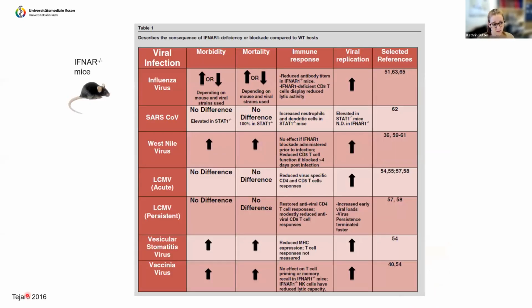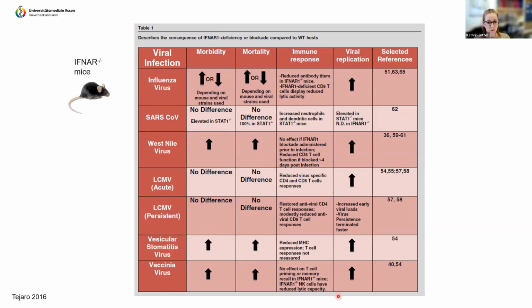And there's a nice review from 2016 where they showed what it means when the receptor is missing in different viral infections. They looked at influenza virus, at that time SARS-CoV-1 infection, West Nile virus, LCMV, the lymphocytic choriomeningitis virus, which you will also hear about this week or next week, vesicular stomatitis virus, or Vaccinia virus.